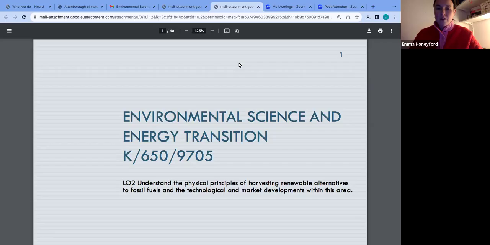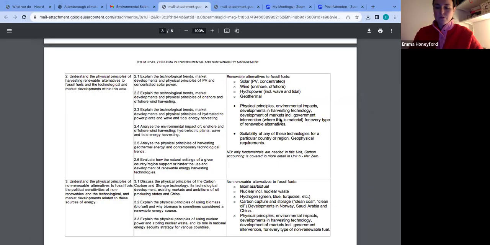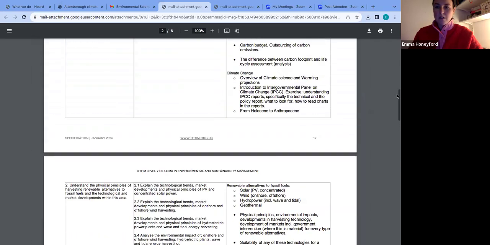So today we are going to continue the unit, which is environmental science and energy transition. The learning outcome for today is to understand the physical principles of harvesting renewable alternatives to fossil fuels and the technological and market developments within this area. So I'm going to share the unit details again.